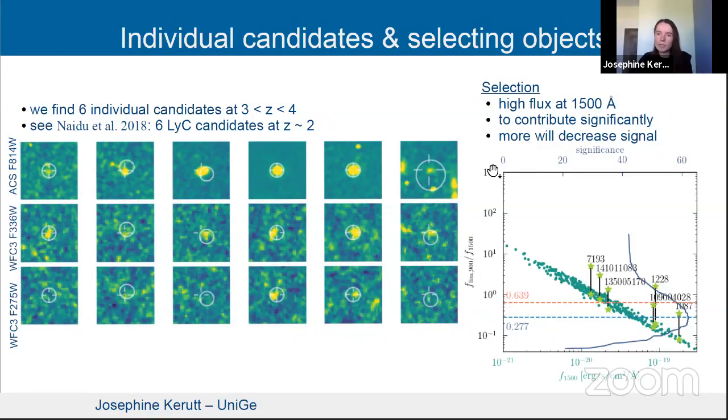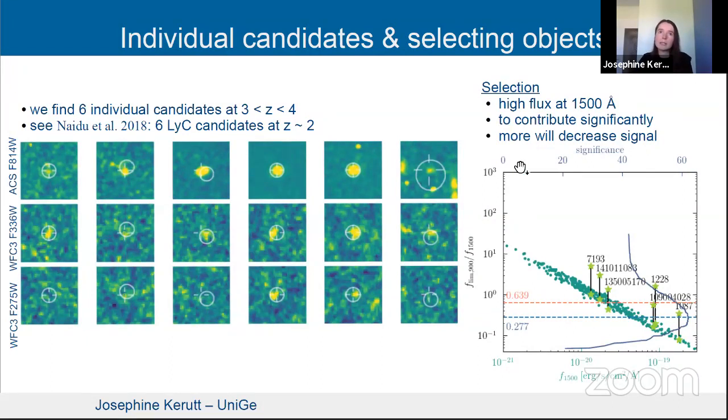And on the top here, you can see the axis for the blue line, which is significance. I'm adding up all objects starting from below. And you can see that the significance actually has a maximum. So if I stack more objects, the significance goes down again. So I'm only using the lower objects, which you can see here, up to the theoretical maximum of the significance in order to only use objects that contribute to the stack.